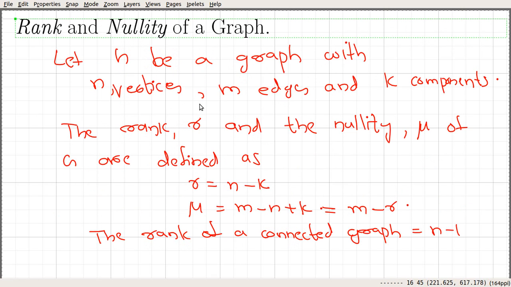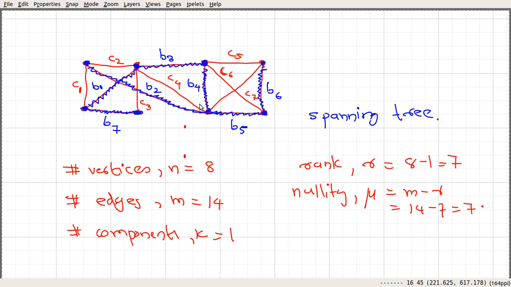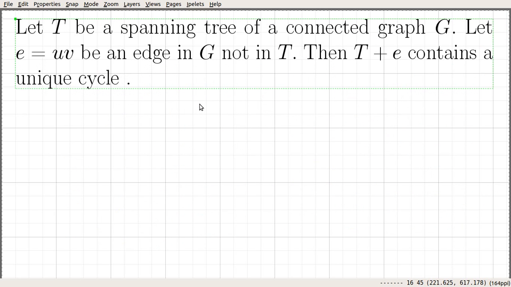Okay, so let's look into one more property of a spanning tree. This reads as follows: let T be a spanning tree of a connected graph G, and let E be an edge in G, not in T. So that says E corresponds to a chord in that graph.